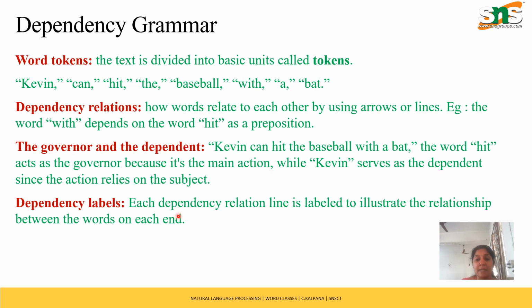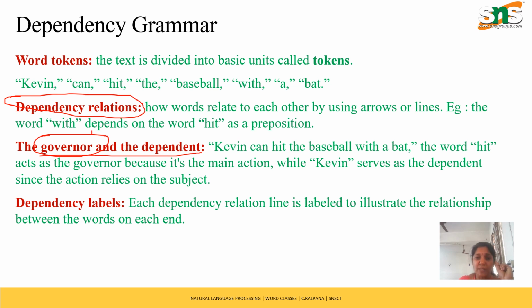And then the dependency relation, which is very, very important. For each and every word in the sentence, we have to see how the first word is connected with the second word, how the second is connected with the third, and so on. Next is the governor and the dependent. The governor is nothing but the main verb or the root word in the sentence.